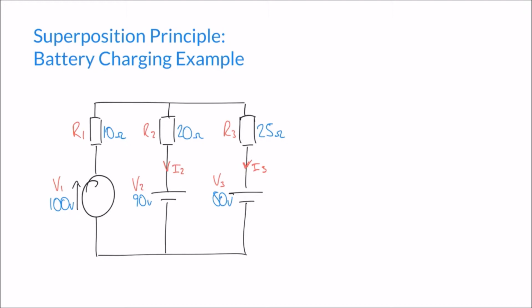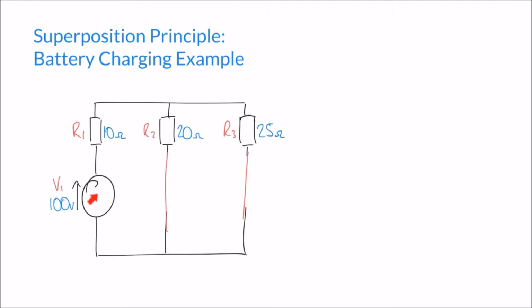Let's begin by removing two of our power supplies, in this case the two cells or batteries that are being charged, and replace them with a short circuit. I should say that we have some resistances in our circuit here, and they represent the impedances of the power supply and the two cells being charged in each case.